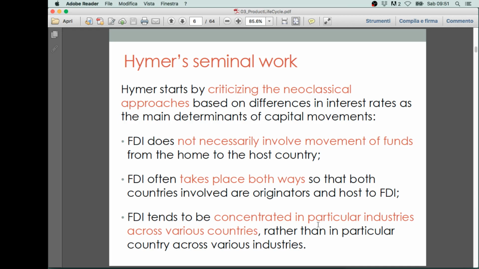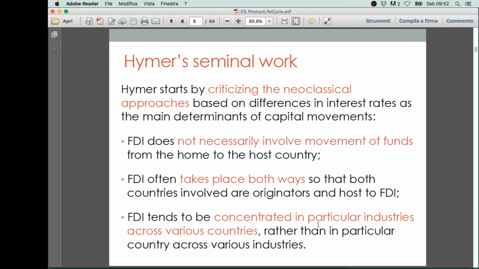Oftentimes you observe foreign direct investments that go from Italy to China as well as from China to Italy, and this two-way pattern cannot easily be explained on the basis of differences in interest rates. Because if there is a difference in interest rates, you should observe movement of capital going only in one direction, whereas, as I said, we observe them going both ways.